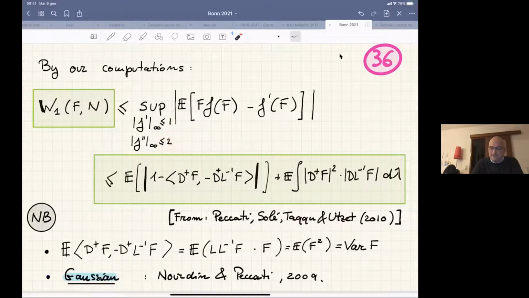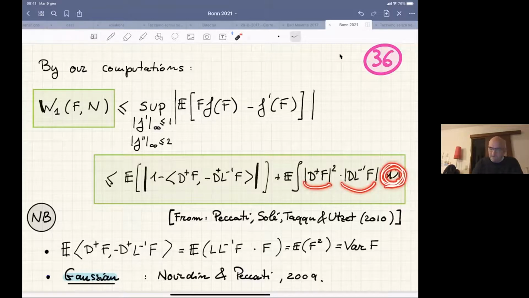Absolute value of the expectation of f of capital F minus f prime of f. And then I can just apply the previous computations, that one coming from the other page. I can bound f prime by 1. And therefore, what I have at the end of the day is that this one Wasserstein distance is bounded by the expectation of the absolute value of 1 minus the inner product of d plus f minus d plus L minus 1 of f. And then plus the expectation of d plus f square, absolute value of d L minus 1 of f. Everything is integrated in d lambda.